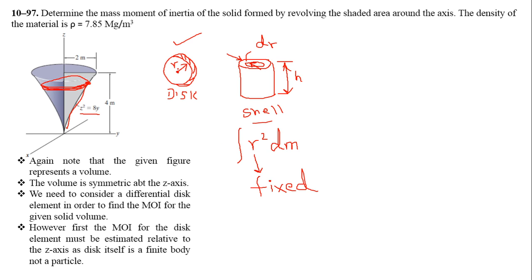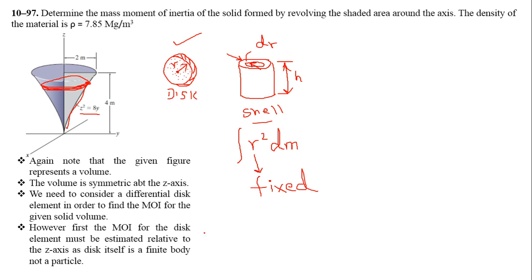However, this disk is actually a finite body itself. So its mass does not remain at a fixed distance, because it is made up of an infinite number of particles that will be located at different radii, measured from the axis of rotation. Therefore this condition will not be fulfilled.